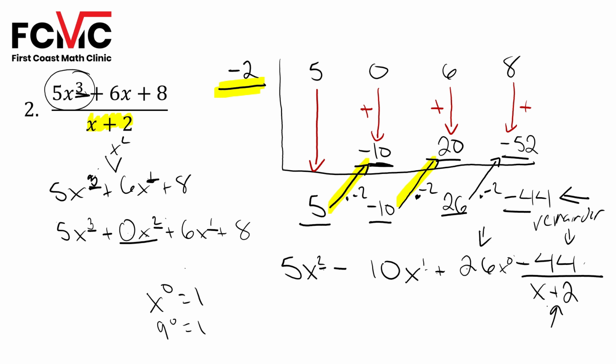Since we have x to the 0 here, we don't need to write in the x to the 0 power. We could just write 26 and get rid of the x to the 0. So the answer for this winds up being 5x to the second minus 10x plus 26 minus 44 over x plus 2.